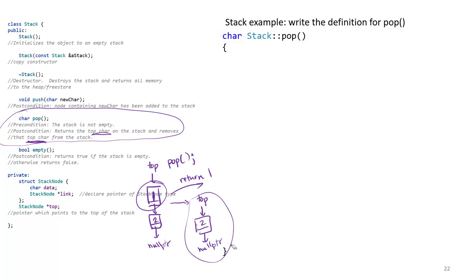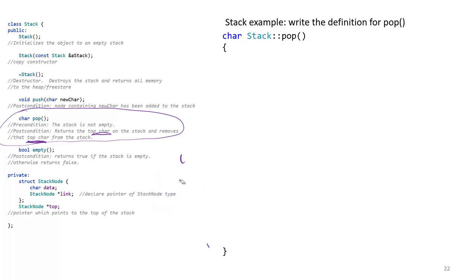So let's just walk through the different tasks that this function will need to complete. The first thing we need to do is make sure that our stack is not empty. That's very important. Remember, if we try to do something at the null memory address, we will create a runtime error. The next thing we need to do is declare a temporary pointer.